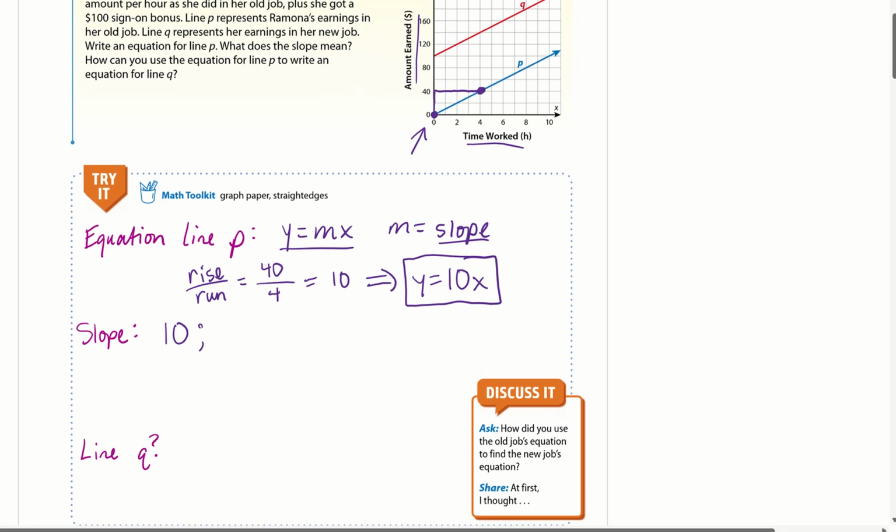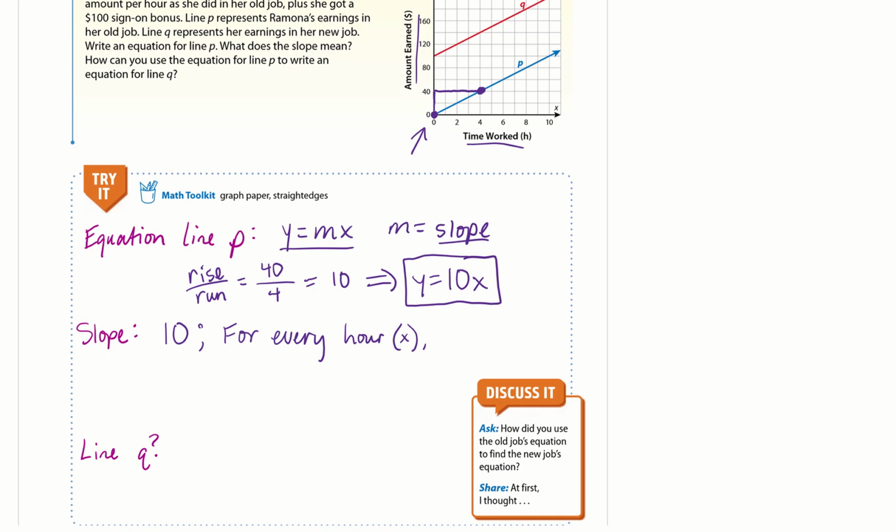So since it's y equals 10x, that means for every hour, which is our x value, Ramona will earn $10, and that would be your y value. Okay, so something along those lines. If you didn't write exactly that, if you wrote something else, that is totally fine. But that's kind of what we're looking at here when we talk about slope.